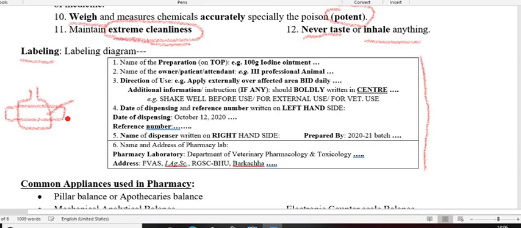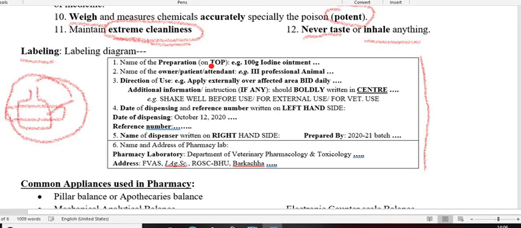So how do we perform the label? This is the label diagram. In this label diagram, you have a white sheet, and that white sheet should be the size of the container in which you kept the pharmacy preparation. How you have to label it, and what things you are going to write, I am going to discuss one by one.